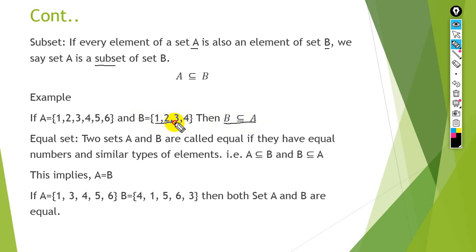Because all elements of set B are present in set A. For example, from this set I am making another set. For example, C is equal to 1 and 2. So now C is also a subset of A, and we can represent a subset by using this symbol.